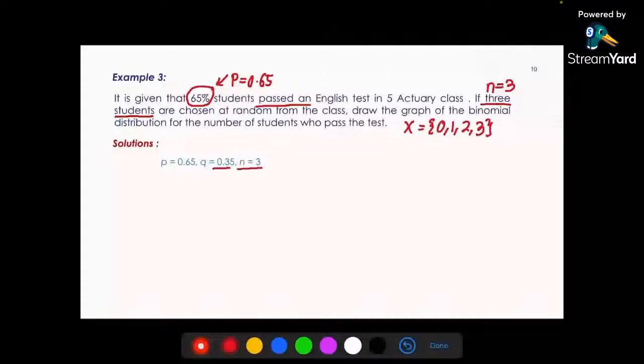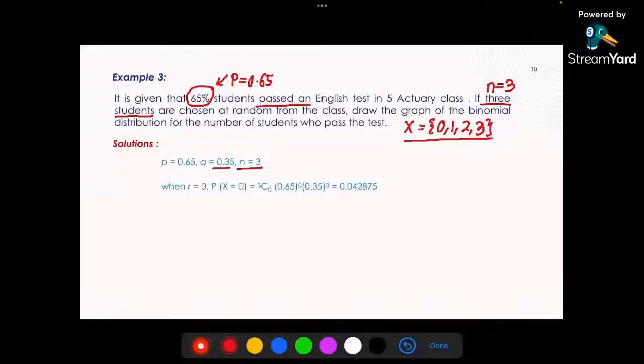When R is equals to 0, remember we have to check all the values here to find P. For each value lah. Px is equal to 0, masukkan dalam formula yang tadi tu, 3C0, darab 0.65 power of 0, 0.35 power of 3, you akan dapat this value, the first value. This is probability kosong lah. I mean the pass exam, none of student pass exam.